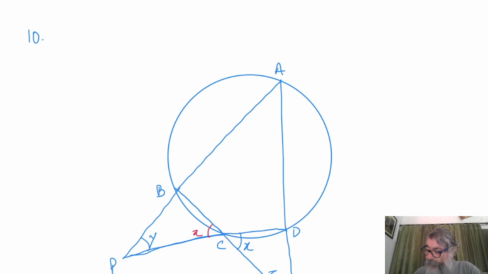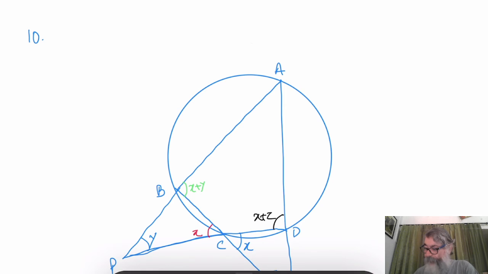Also, this is Y, this is X, then this will be X plus Y. The exterior angle of a triangle is equal to the sum of the interior opposite angles. Similarly, this is Z, this is X, it will be X plus Z. I'll be writing all this to show you.